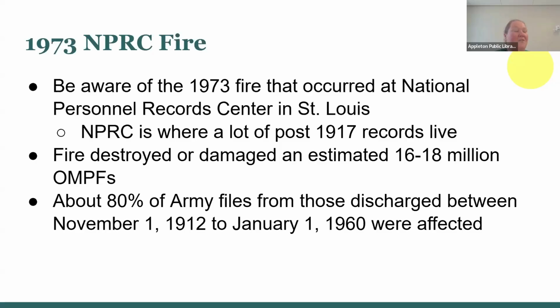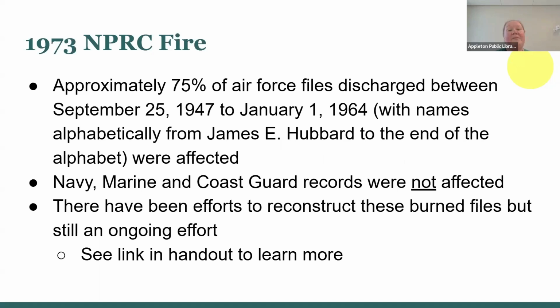About 80% of the Army files from the people that were discharged between November 1st of 1912 and January 1st of 1960 were affected, as well as 75% of the Air Force files for those discharged between September 25th of 1947 to January 1st of 1964, but only names alphabetically from James E. Hubbard to the end of the alphabet were affected.